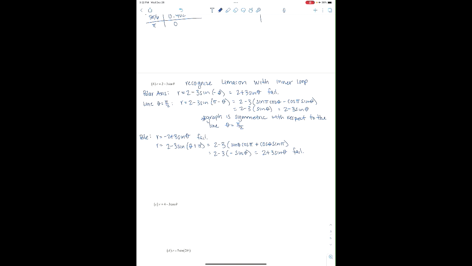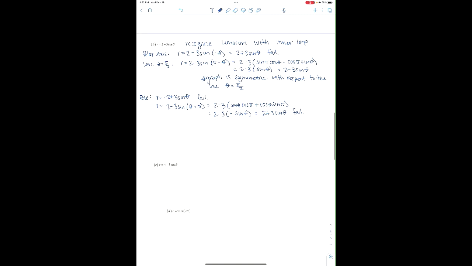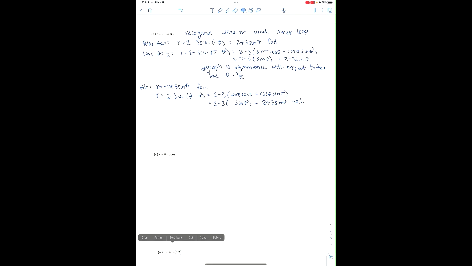Again, I like to get points so that I have an idea of what's happening as I'm moving around the graph. So I'm going to go from negative pi over 2 to pi over 2 because we are symmetric with respect to the line pi over 2.